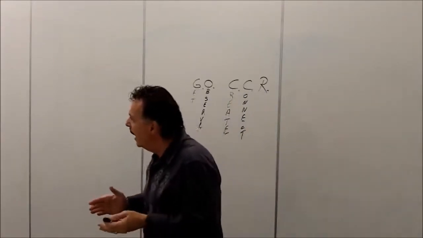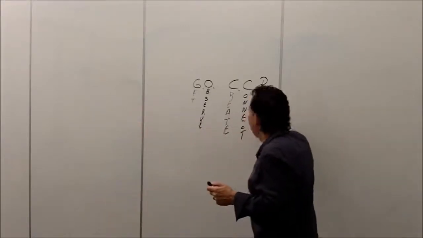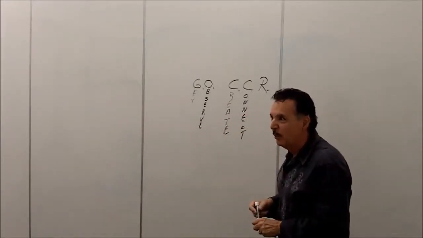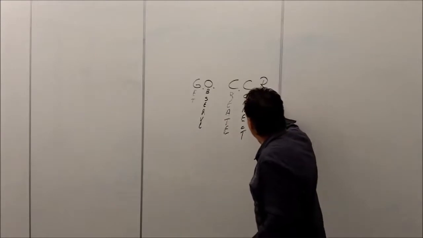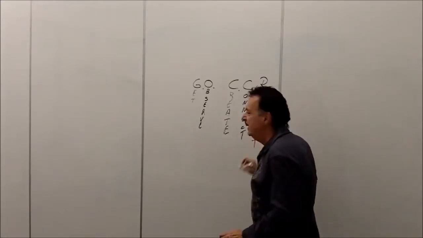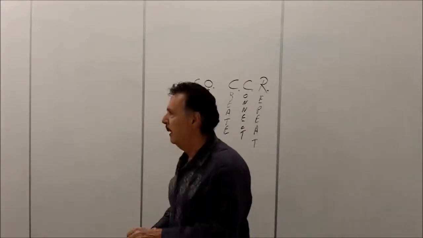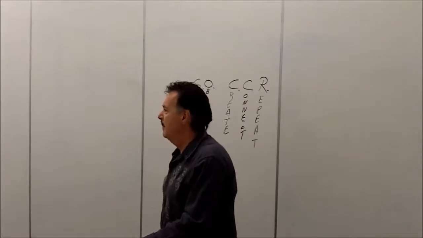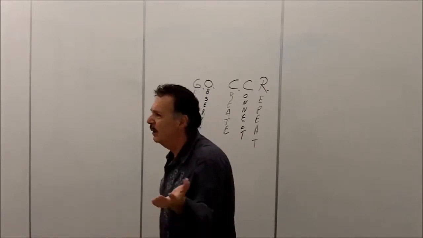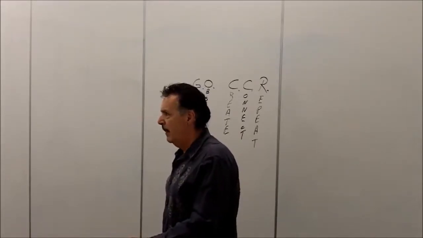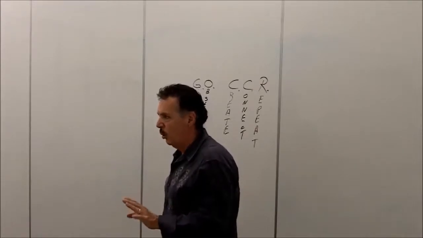You see, sometimes that's why the last part of the formula is so important. And that's repeat. You've got to repeat the image. If you just make the picture one time, you may or may not remember it. You may remember it long enough to get you through the cocktail party, but you may not be able to remember it for longer than that.